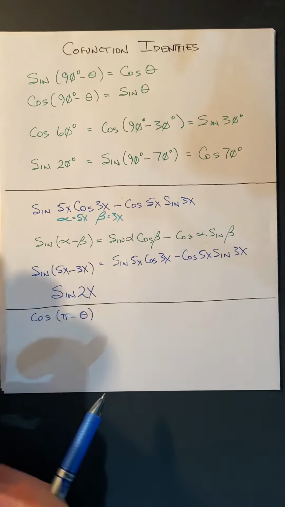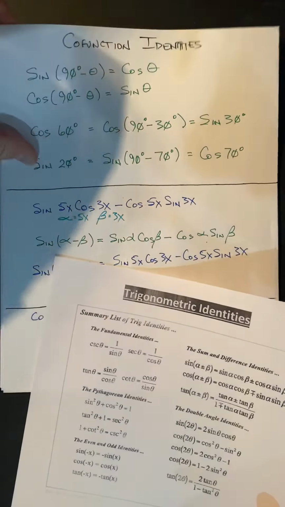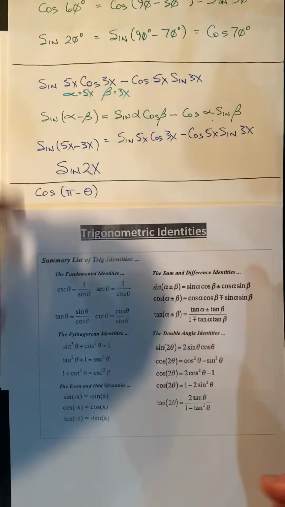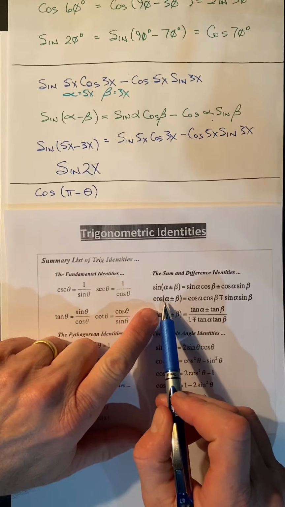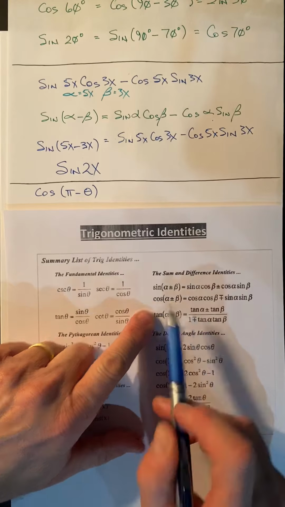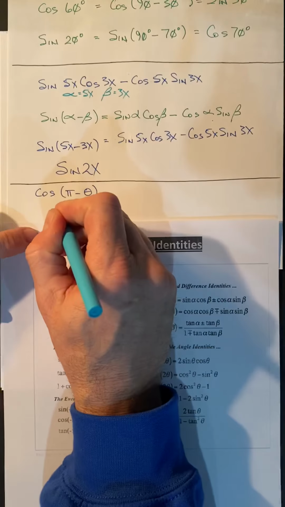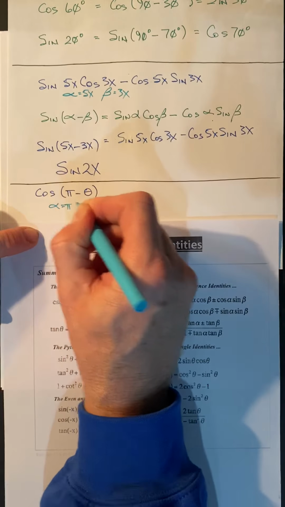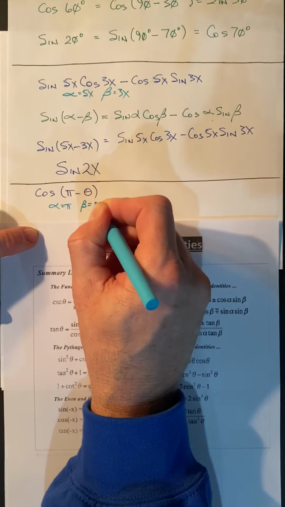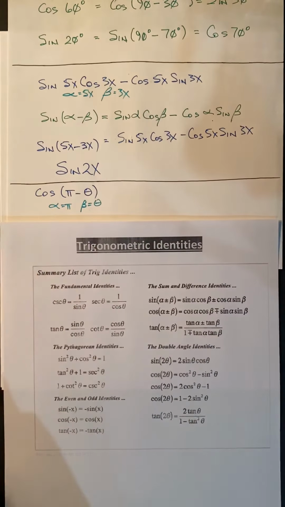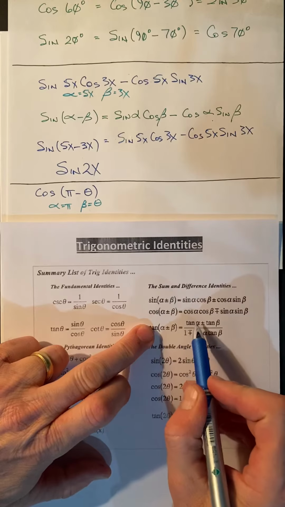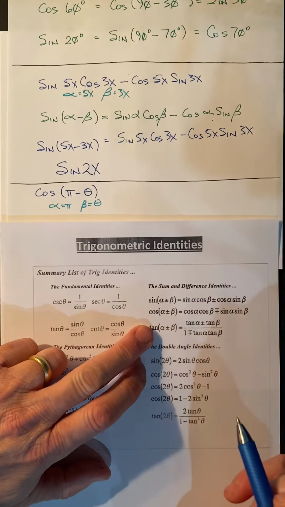So I want to come over here and look at the difference of two angles for the cosine function. And so I now know that alpha would be pi and beta would be theta, right? So if that's the case, I want to find my formula and plug that in.